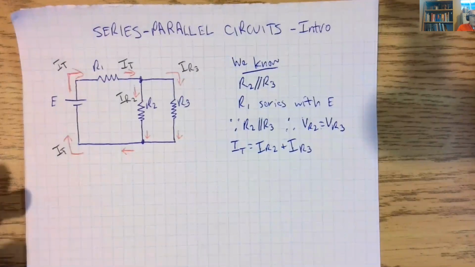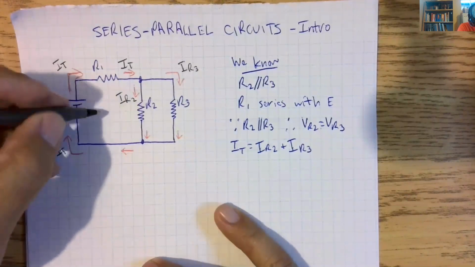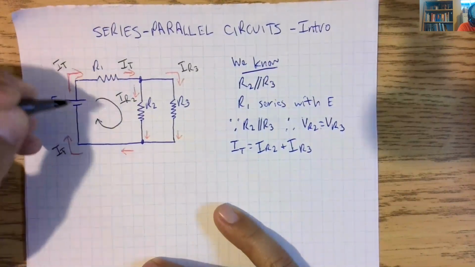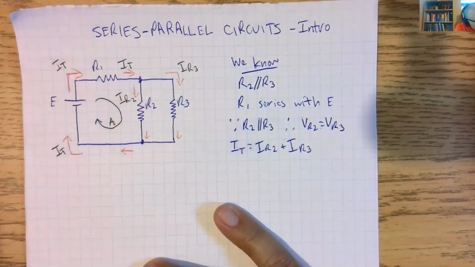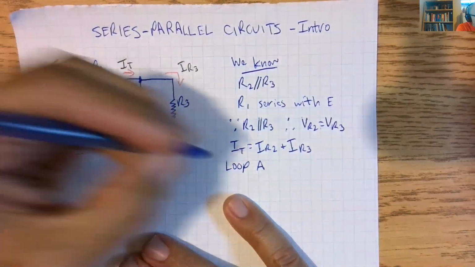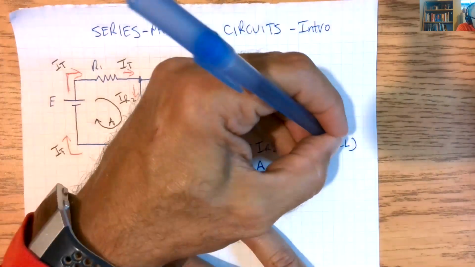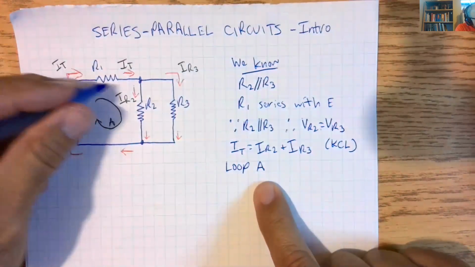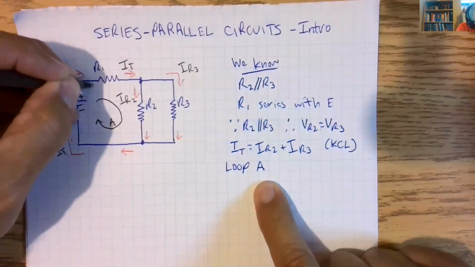We also have here a loop over here. We'll call this loop A. This here is Kirchhoff's current law. For loop A, we'll mark our polarities down.